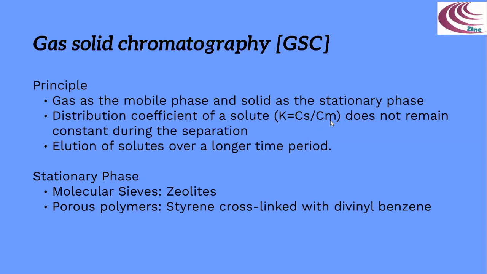Under this situation, this is the first point in what way gas solid chromatography differs from gas liquid chromatography, based on the distribution coefficient of solute. Then the second point, the distribution coefficients of solutes are generally much larger than those for gas liquid chromatography.